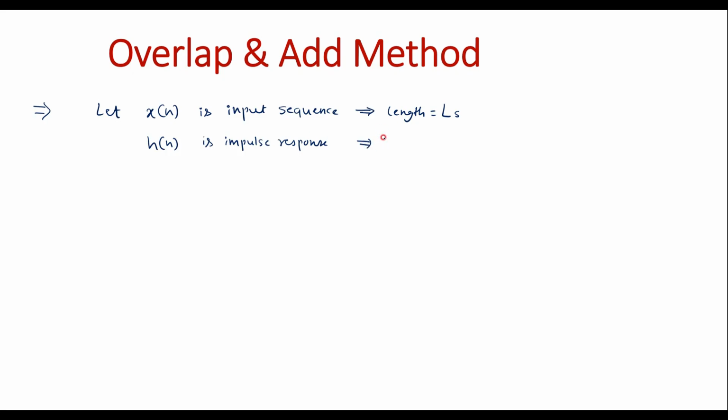We'll assume that the length of h of n is say m. So in overlap and add method, the input sequence x of n is divided into different small blocks. Divide x of n into smaller blocks.